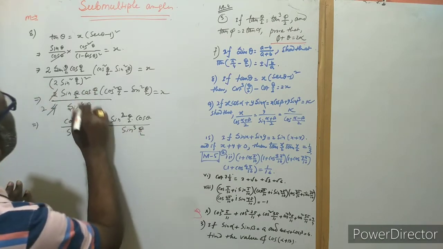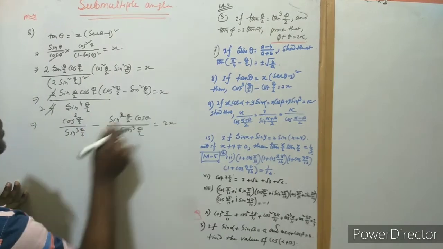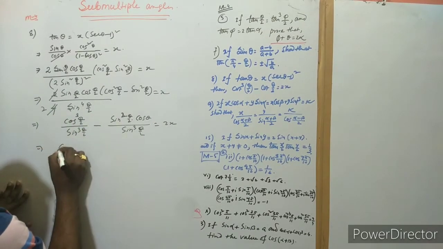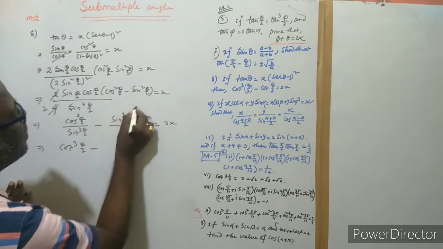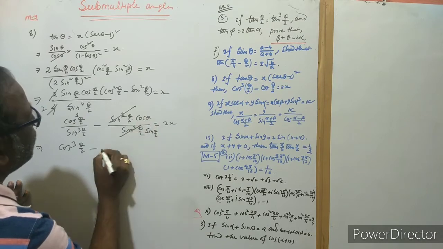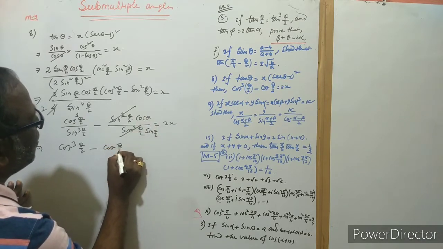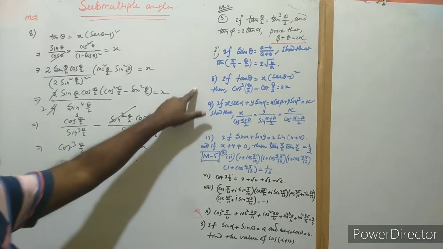Actually one sin theta by 2 are cancelled, and this is twice this, and 2 are transferred to this, okay. And see, this is actually cot cube theta by 2, and these two sines are cancelled, so this is left as sin theta by 2 only. So that's why this is cot theta by 2, and we get here twice x. See the solution, very easy question.